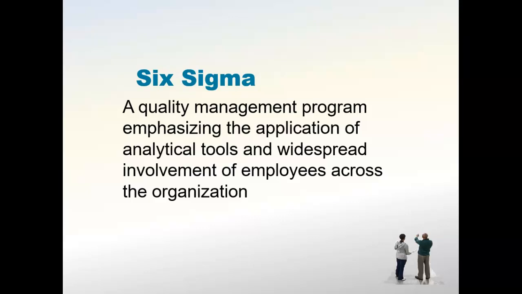Now, alternatively, some of these employees may be selected for training as improvement experts to lead projects for an ongoing Six Sigma program. And Six Sigma is a quality management program emphasizing the applications of analytical tools and widespread involvement of employees across the organization.